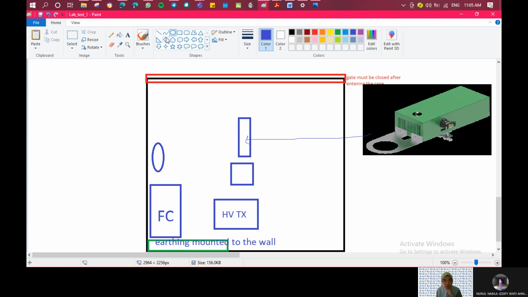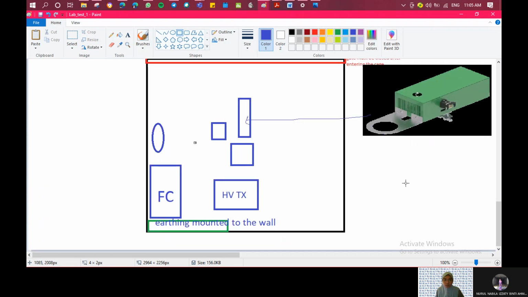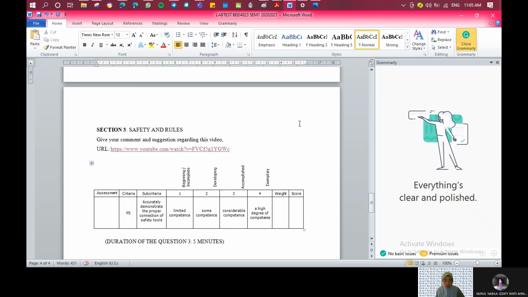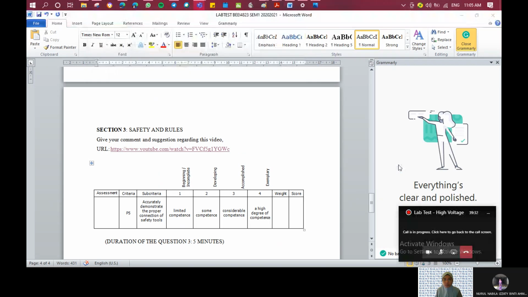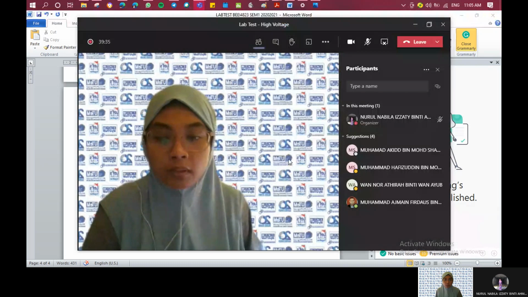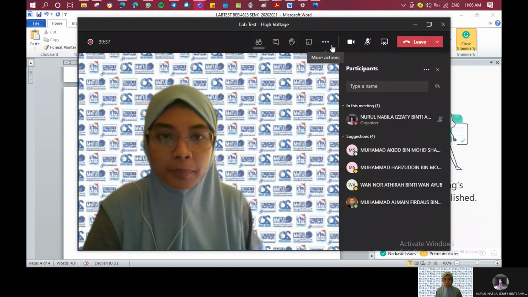And the secondary unit, so the secondary capacitor or unit will be here. So I think that's all. Thank you.